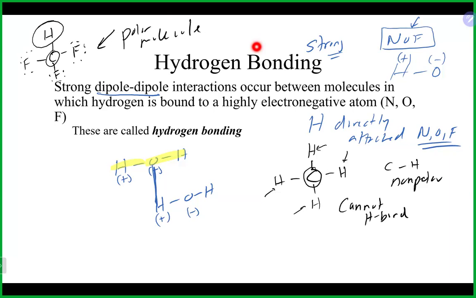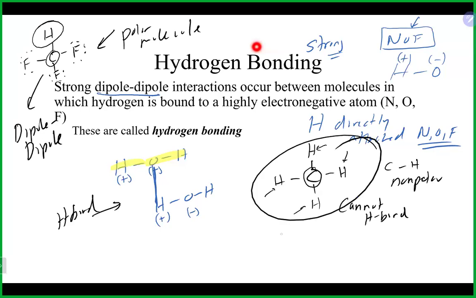And it will still be able to do just regular dipole interaction like we saw in there. But water here can hydrogen bond. And something like this, as we will talk about in a second, will use what is known as dispersion forces. It will not use hydrogen bonding. Any questions on that?